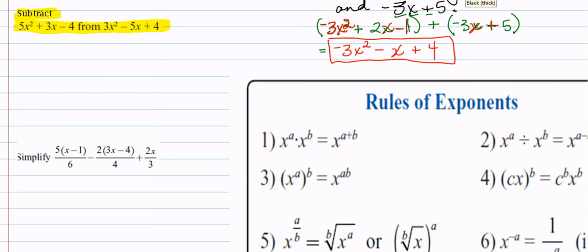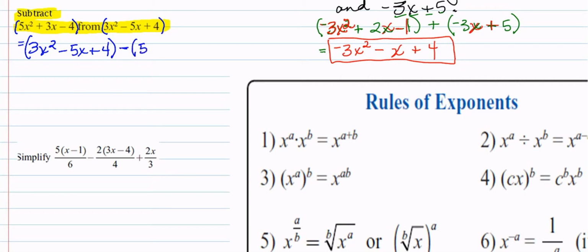We're going to subtract this one from that one, so the second one is written first. So we have 3x squared minus 5x plus 4, and from that we want to subtract 5x squared plus 3x minus 4.